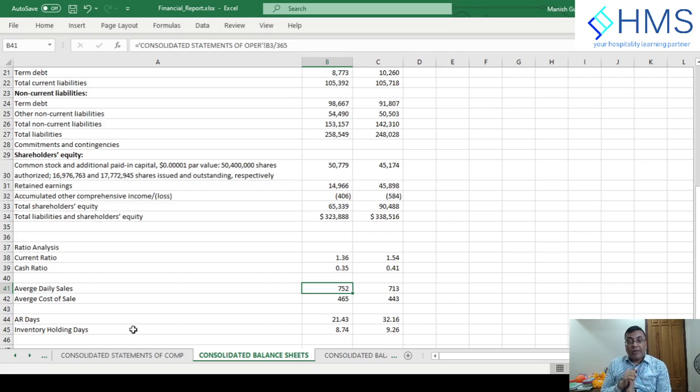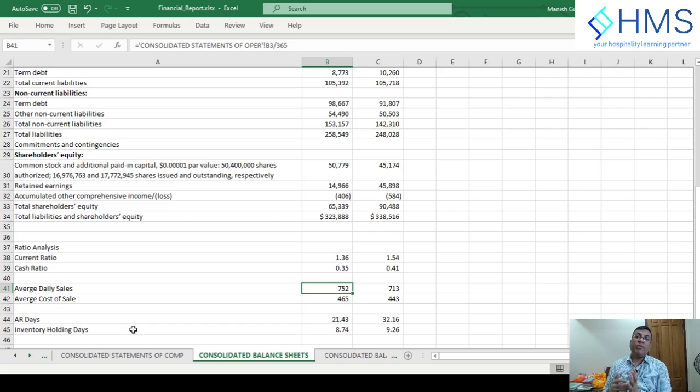So in order to get really the AR days and also the inventory holding days, we need to look at it segment by segment. How much accounts receivable belongs to iPhone, how much belongs to Mac, how much belongs to the services.